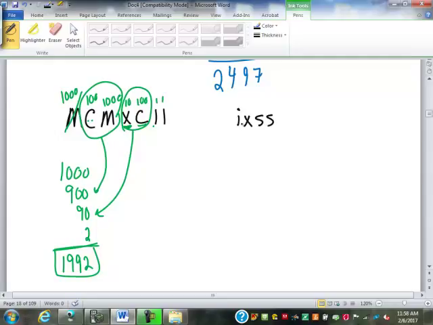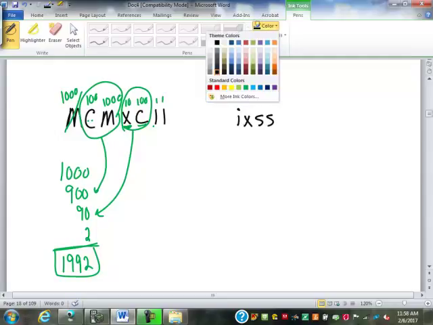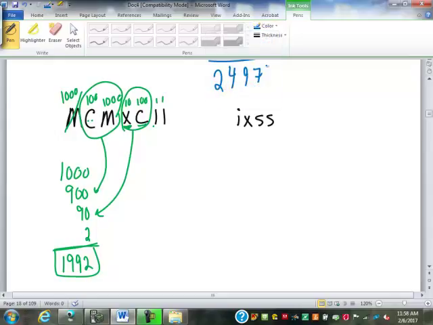So on a little bit different note, smaller numbers, for some reason, they tend to use small letters rather than capital letters. At least that's the modern version. They used to use a capital for all of them. But ixss, let's break down what that means. I, of course, is 1. X is 10.